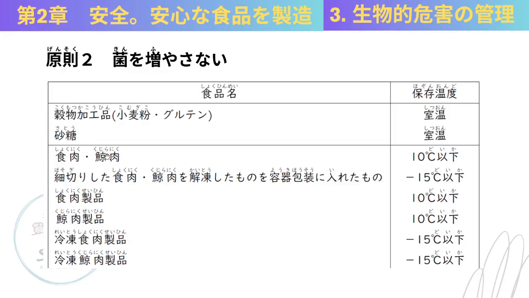Hai, sukuniku, kuriyaniku. So about the meat we eat right away, we can store it at 10 C. Like normal meat and whale meat, we can store them at 10 degree.